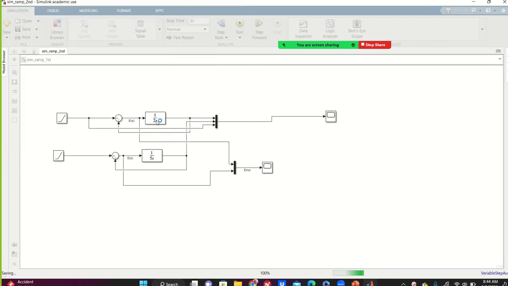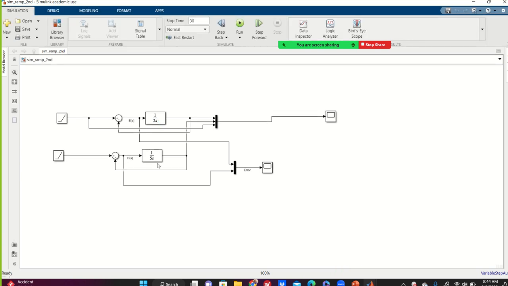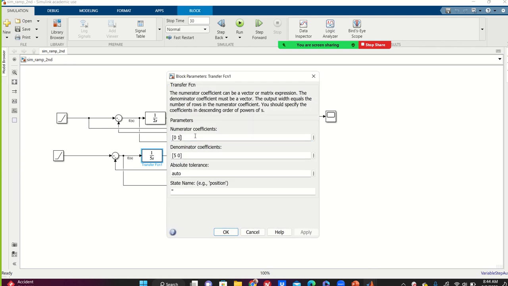Okay, so I'm going to keep it as the first order system here. And here I'm going to change it. I'm going to change this, we have to use the open loop transfer function. That's right, not the closed loop. That's why here is the second order system. It's going to be 1, 2 zeta. Zeta I'm going to put as 0.1 and omega n I'm going to put as 10 again, and 10 squared means omega n squared.